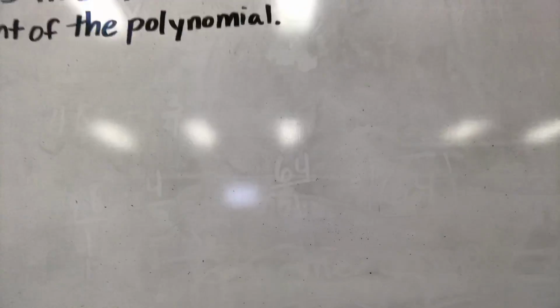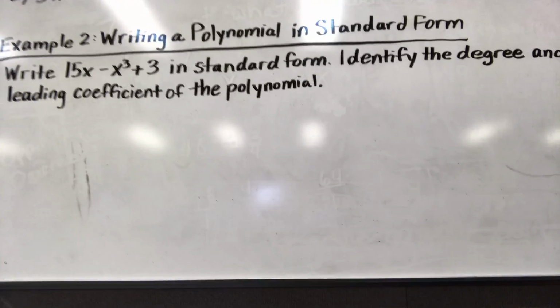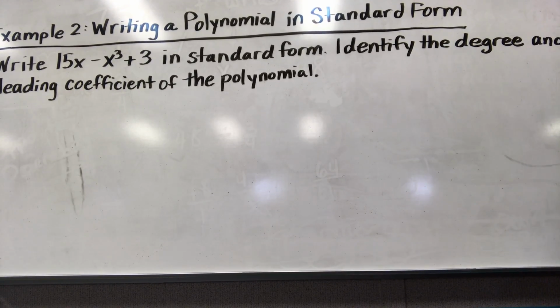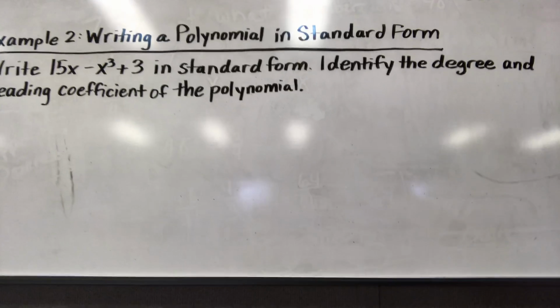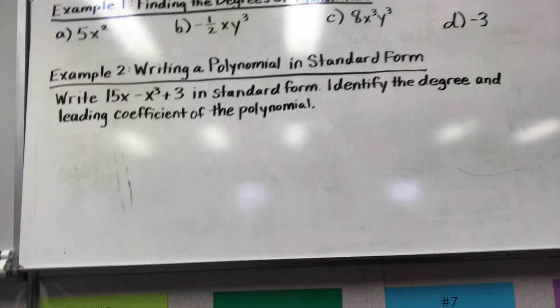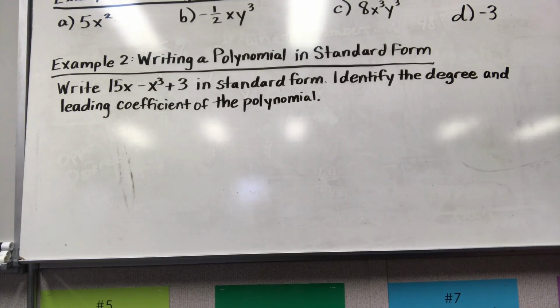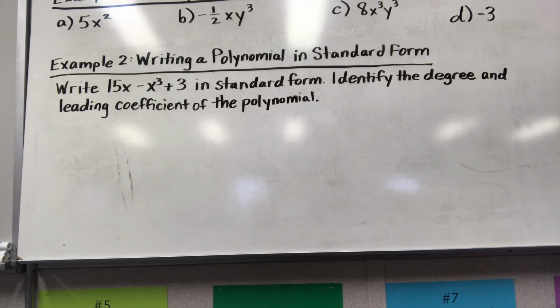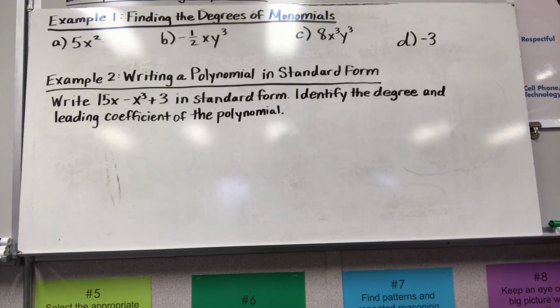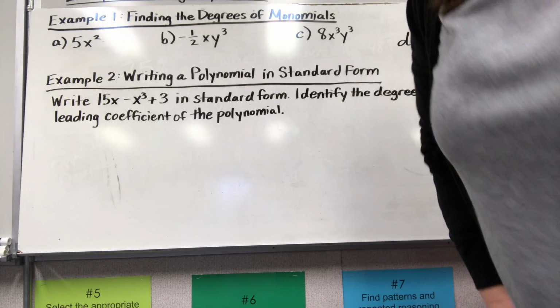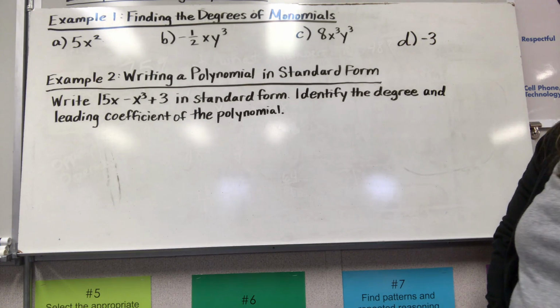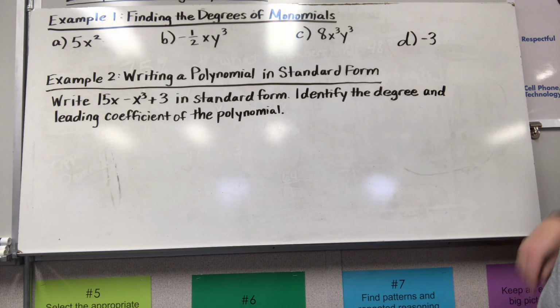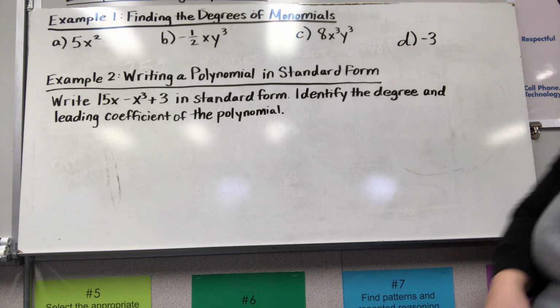Now we're going to take a look at some examples. The first thing that we're going to do is to try to find the degree of a monomial. So here we have some different monomials, and we want to find the degrees of these monomials.